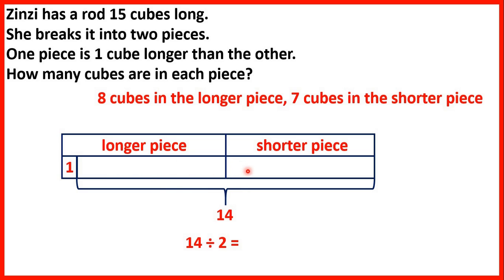And because they're the same, we can divide 14 by 2, and that's 7, because 7 times 2 is 14, so we have 7 in these bars here. So now underneath the longer piece, we have 1 and 7, so that's 8, and underneath the shorter piece, we have 7.